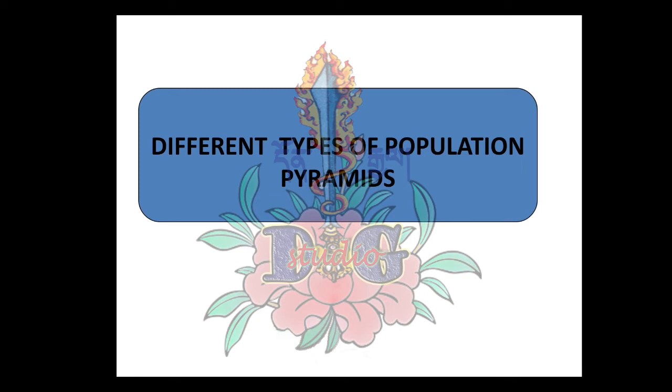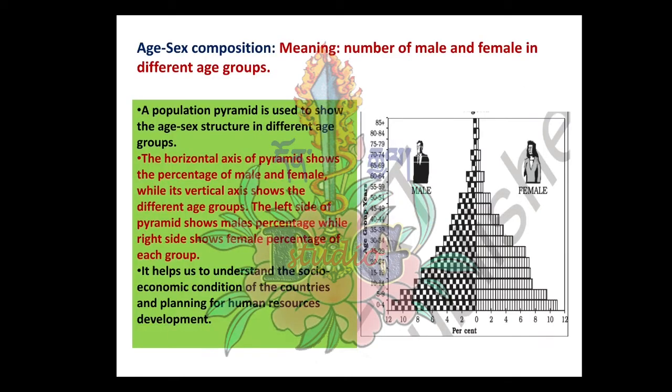First, we need to know the meaning of age-sex composition. Age-sex composition means the number of male and female population in different age groups. So how many male and female population are there in different age groups.